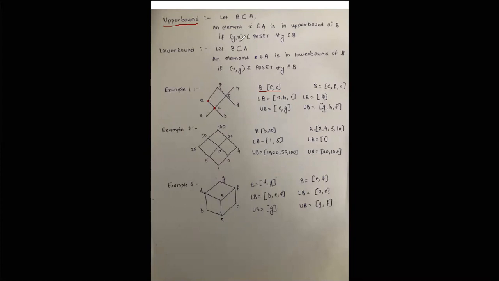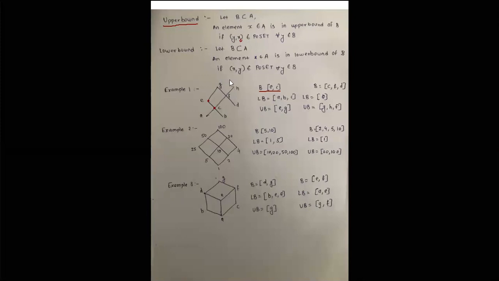We want to find such an X so that the ordered pair of E and that X, and of C and that X, must exist in the poset. The upper bound means the elements which are present on the upper side of the elements.